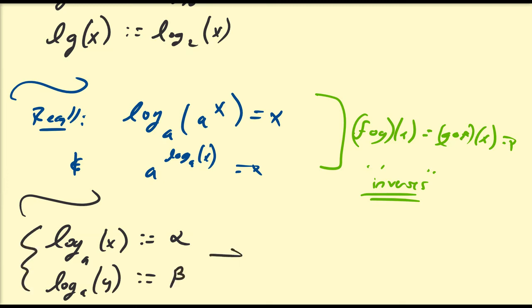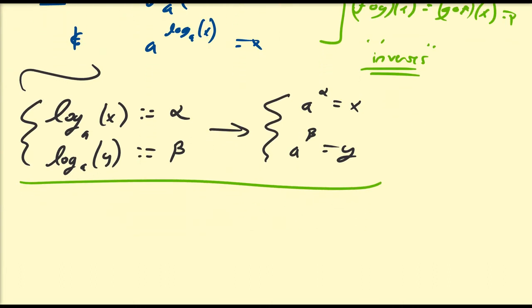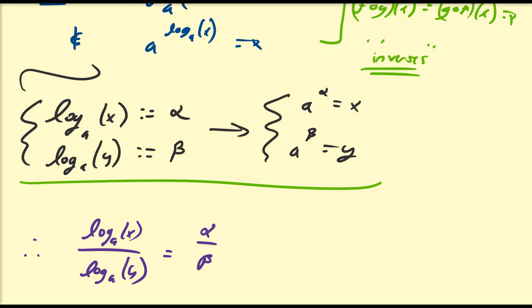So if these two things are true in exponential form, that's the same as a to the alpha is equal to x, and a to the beta is equal to y, right? So what I'm going to do is I'm going to divide these expressions out and see what I get. So therefore, log base a of x over log base a of y is equal to alpha over beta, right? And we can divide these two expressions to get another expression. So we can have a to the alpha.